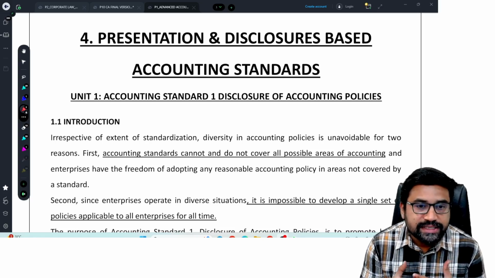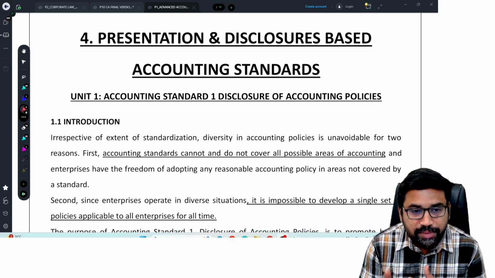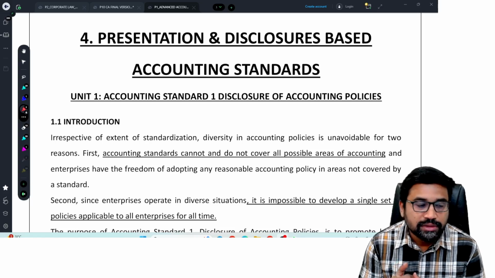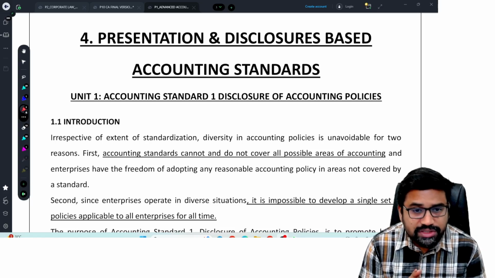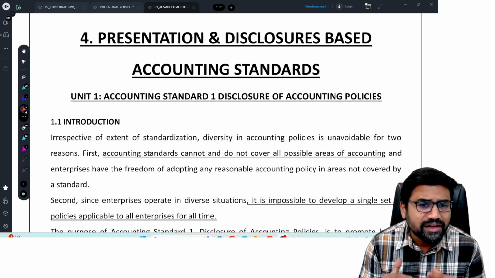And this standards series that I'm going to release helps everybody, including other professional students like CMA Inter students or CS students, who can also make use of it, because for accounting standards the main content is the same everywhere.